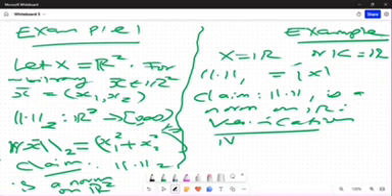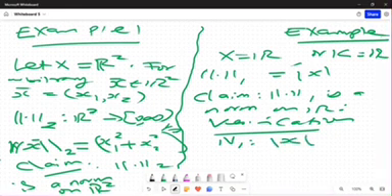N1. Who can remind us of N1? What does axiom N1 say? Norm of x is equal to 0 if and only if x is equal to 0. Good.